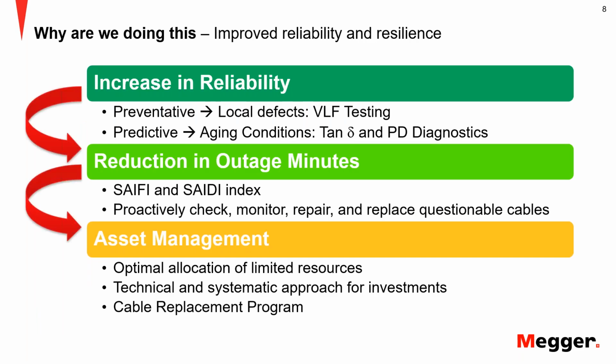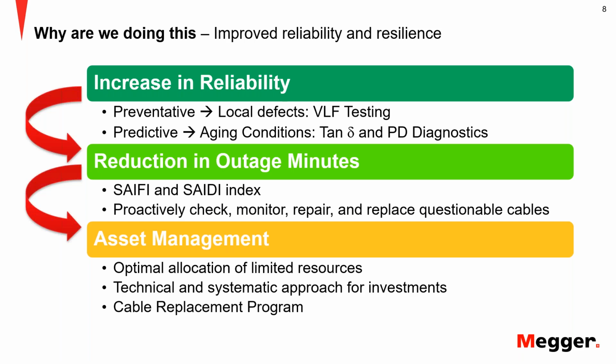And then, of course, there's the other aspect, the aspect of money. So every utility company has a limited budget, and the reliability of the grid, of the network, of the system is very important, because it's also very often one of the key performance indicators of how well a utility company is doing in general.